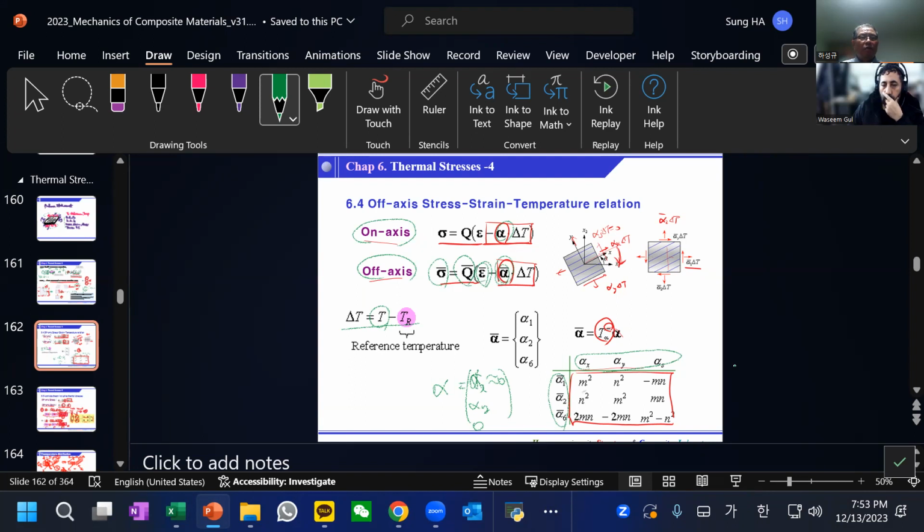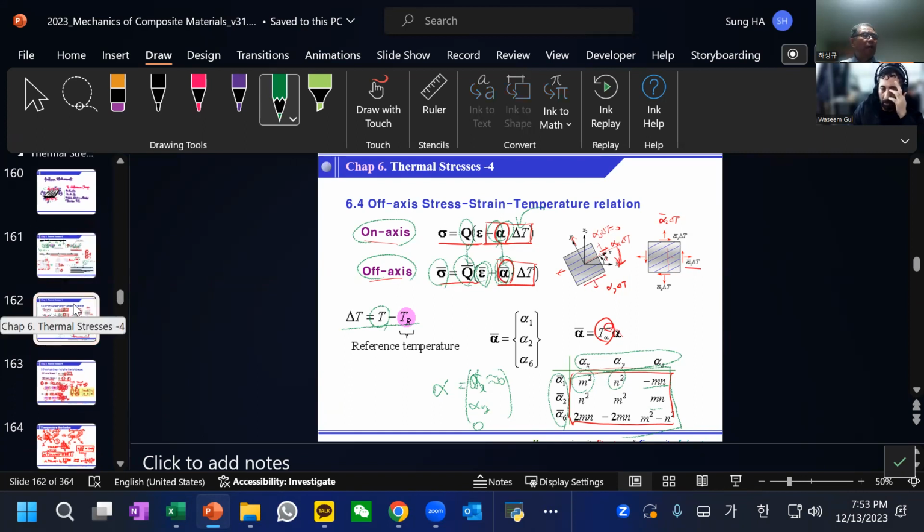So simply cosine squared, sine squared, and minus mn, cosine sine. Again, we start with this material property and this one, and this is the load we specify. Other material properties will be obtained from these transformations.